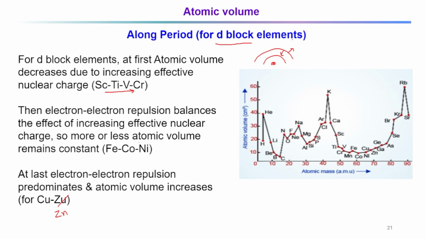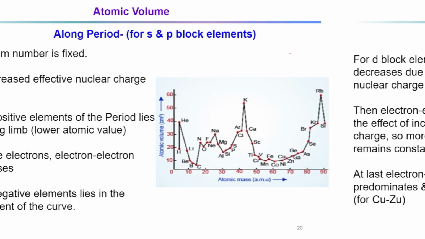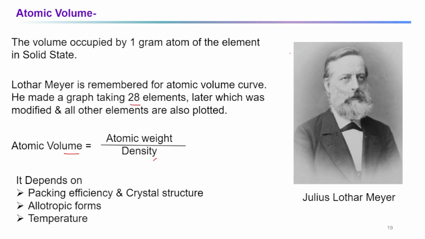At that time this electron-electron repulsion predominates and the atomic volume increases. So this is the crude way to remember these things. But the main definition is that atomic volume is actually atomic weight divided by density. So both the factors actually contribute.